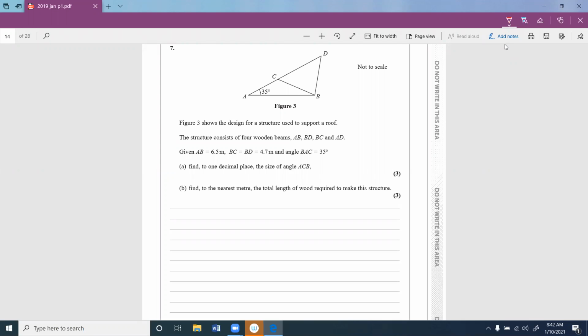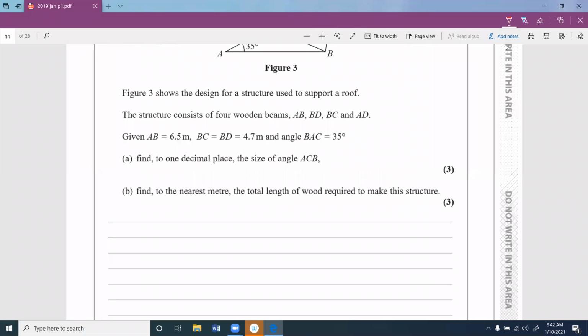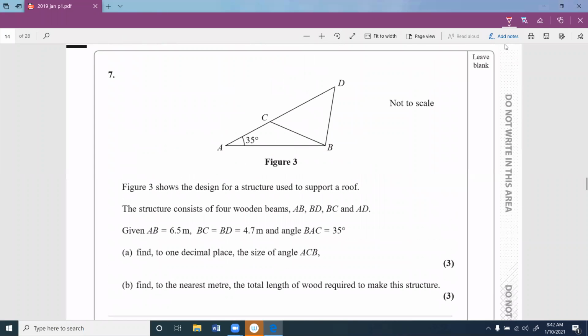Given that AB is 6.5. When you read this question, try to figure out this information on your diagram. AB is 6.5, so I just mark this one as 6.5. Then BC and BD is 4.7. BC is 4.7 and BD also 4.7.